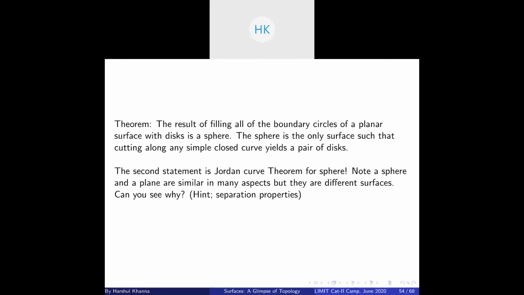Can you see why? Can anyone unmute and speak? Why do a sphere and a plane have to be different surfaces?